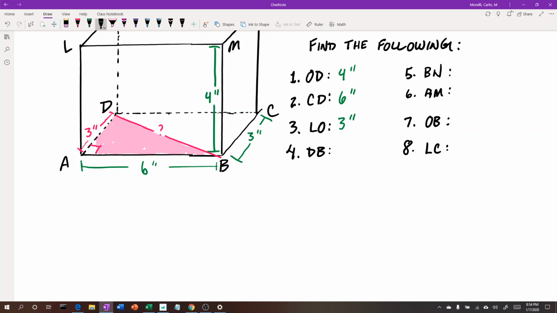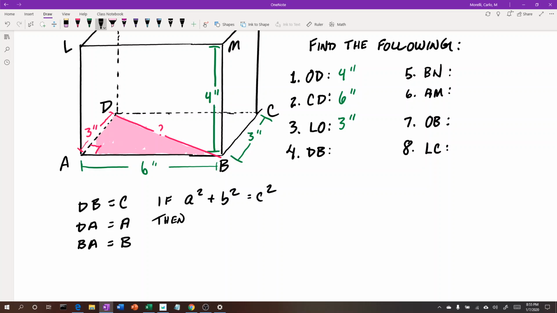So that dB, that's like C. And we can call dA like A, and BA we can call like B. So if A squared plus B squared equals C squared, then dA squared plus BA squared equals dB squared.